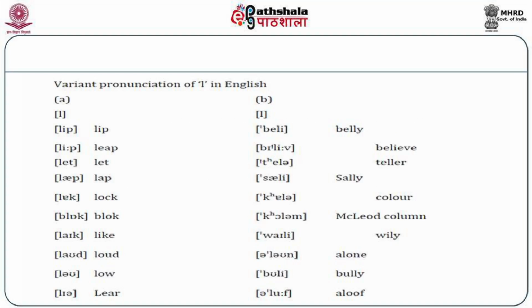In column A and B, for the alveolar L, the clear L, we find the following environments. In column A, all the L's begin a word.